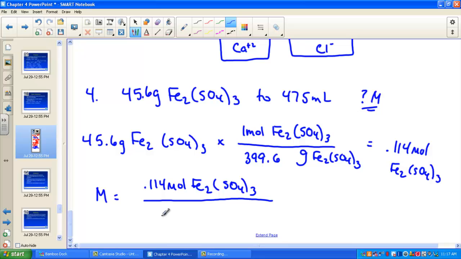We had 475 mLs, so 0.475 liters. Moles per liter, I'm hitting that, and I find 0.240. And the unit there is big M, molarity of iron 3 sulfate.